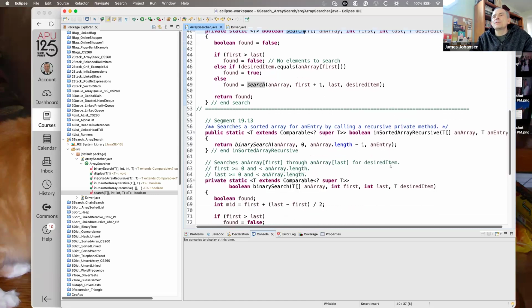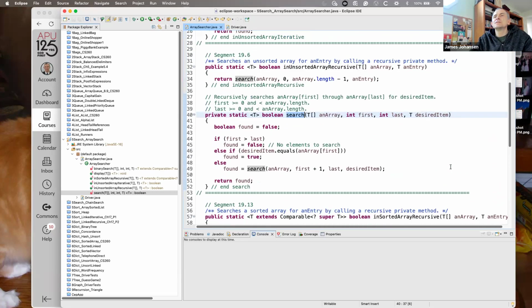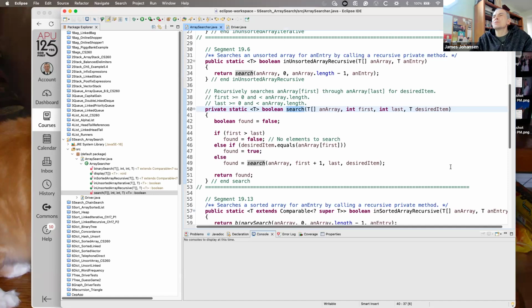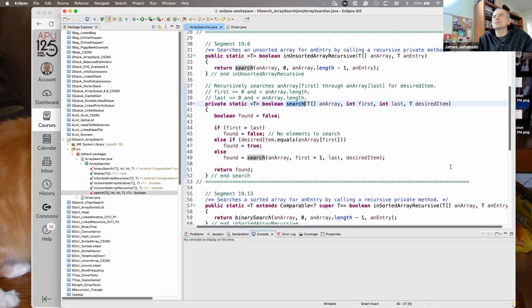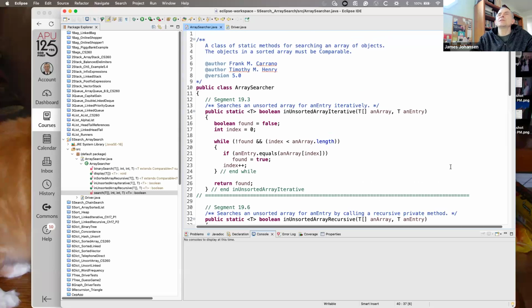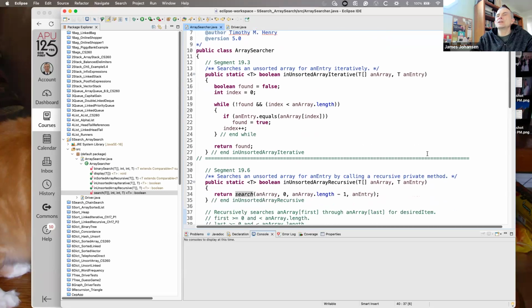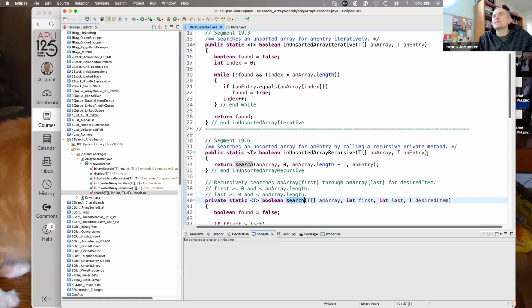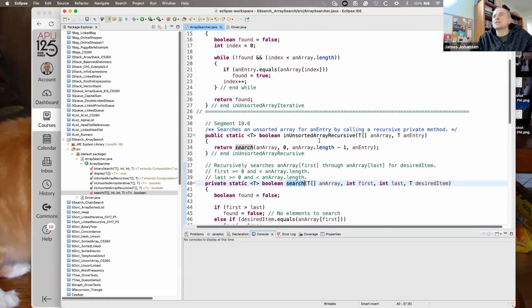So here from segment 19.13, it searches a sorted array for an entry by calling a recursive private method. We're just seeing a couple of possibilities that this array searcher could be leveraging.